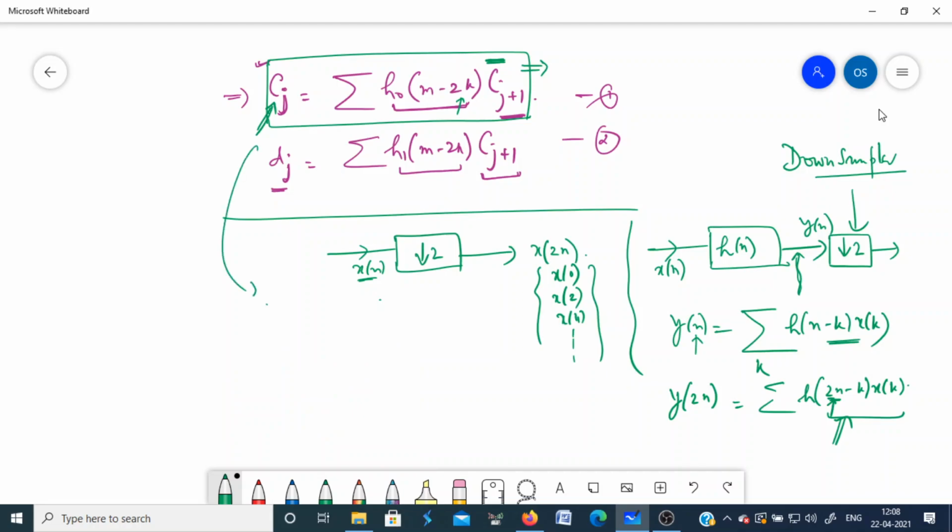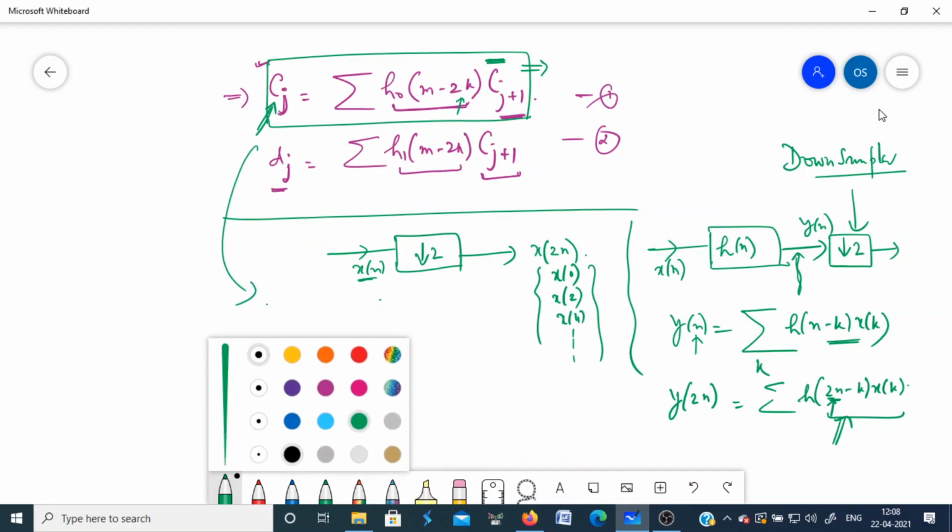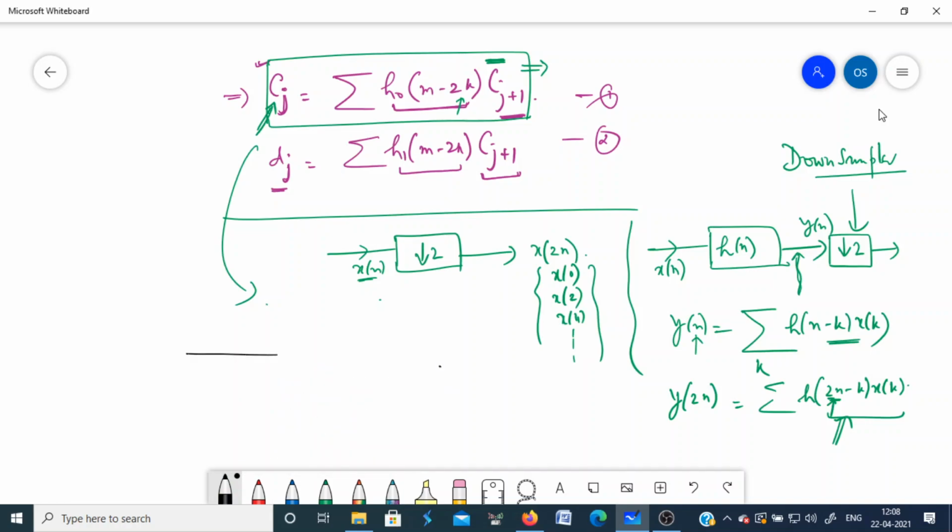Okay, so the filter bank implementation for this is that if you have these coefficients c of j plus 1, you pass it through a discrete time filter with impulse response h0 of minus n, and then you decimate it by a factor of 2, you will get here cj. Okay, so the lower resolution coefficients are basically obtained from the high resolution coefficients using a filter structure.